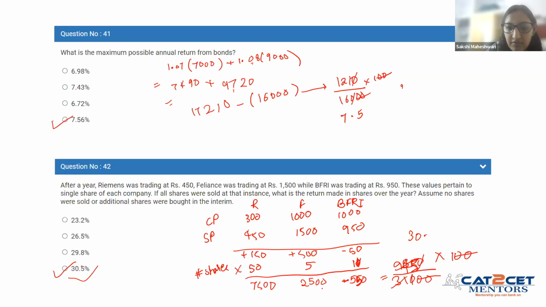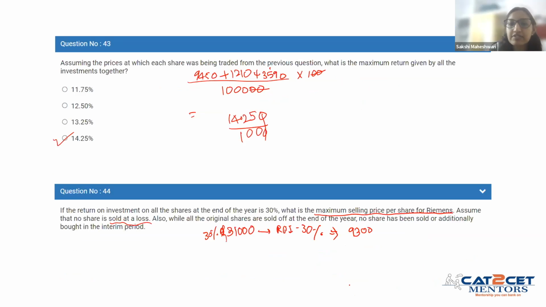This will be 0, this will also be 0, and we have to divide the return only among the 50 shares of Raymond's. So what do we get? The benefit is 186 rupees profit.